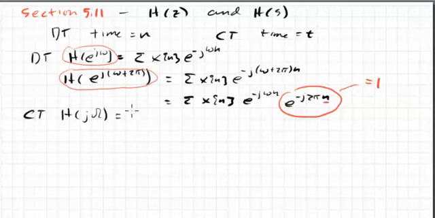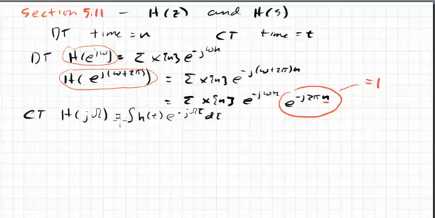We get that by integrating the impulse response times e^(-jΩt). So it's just this integral. Let's see if it's periodic. It looks almost identical, except instead of a sum we have an integral, so they do about the same thing.